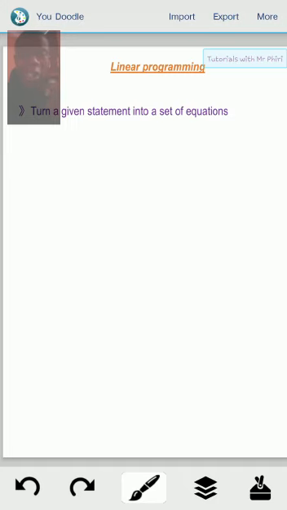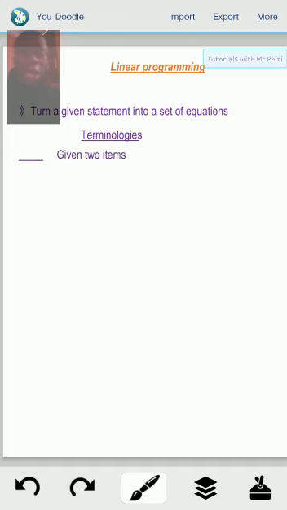So this is the first thing that we need to know. We need to know how to turn a given statement into a set of mathematical equations. Below are the terminologies that will help us do that.